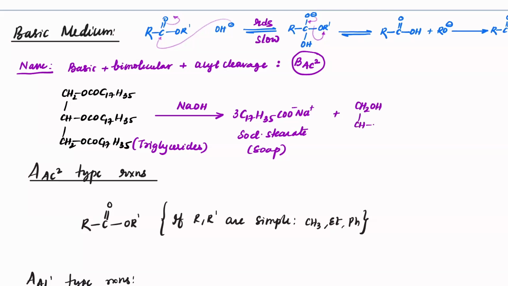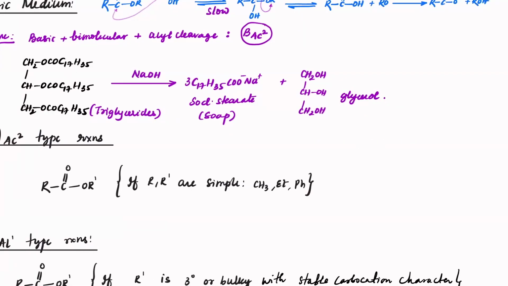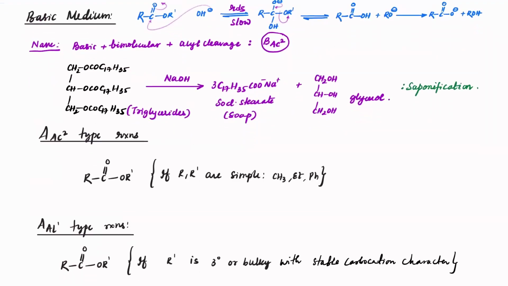In fact, this method is employed for preparation of glycerol or glycerine. Got it? So this is also an irreversible reaction, guys. And since it is preparation of a soap here, the reaction is called saponification. Clear? So this is what we need to know from basic medium.